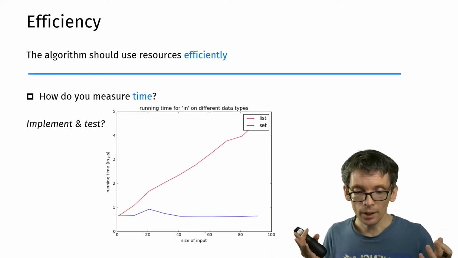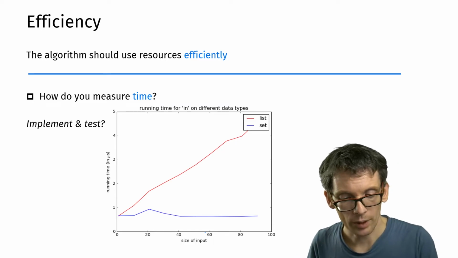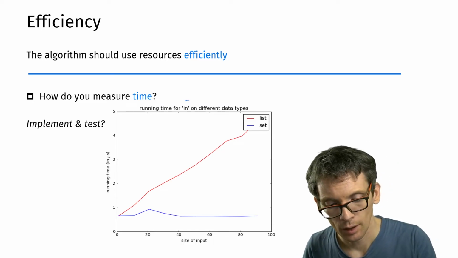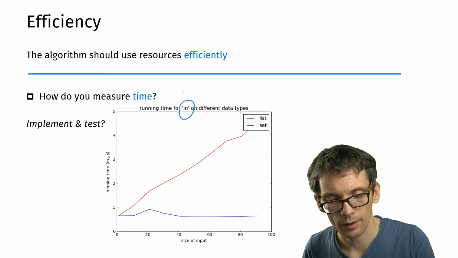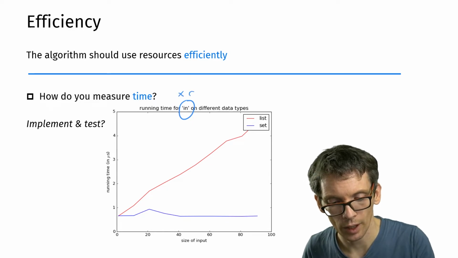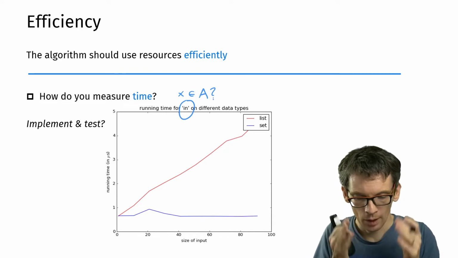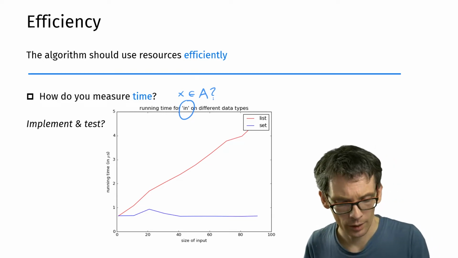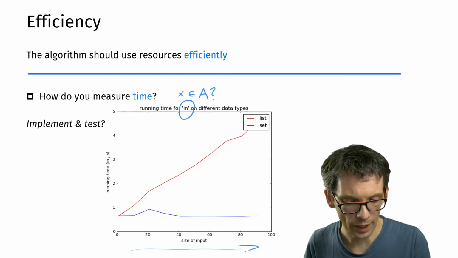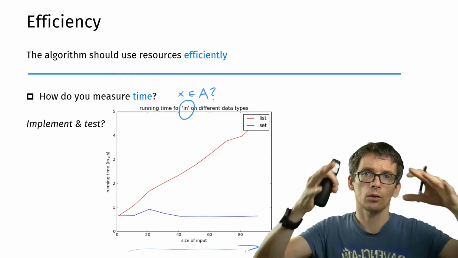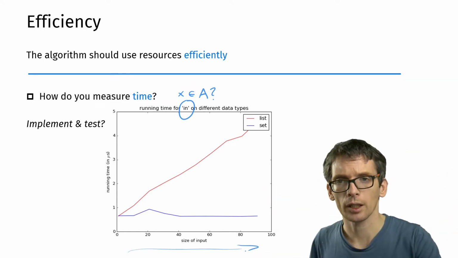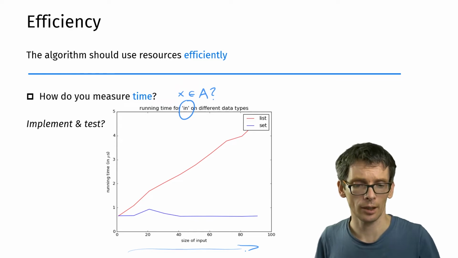So what I did here was I was testing how fast I can test whether an element X is in a certain collection. Let's call that collection A. And what you see here is a plot where on this axis you have the size of A, and on the other axis the running time.